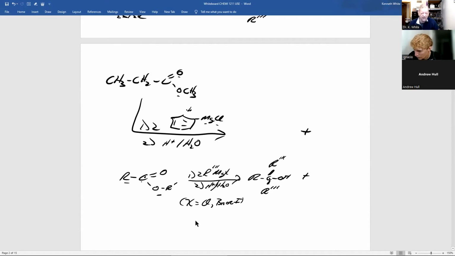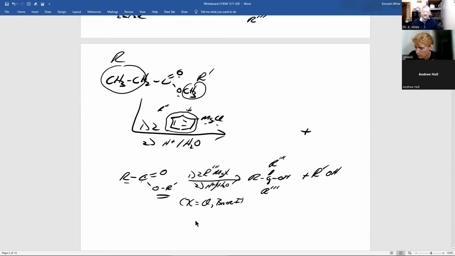And then from this part, you'll get this alcohol. So if we go back up here, here's my R group, here's my R prime. And then the R triple prime is this benzene ring. And yes, you can make that Grignard.